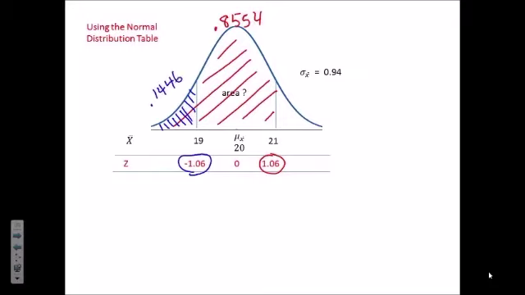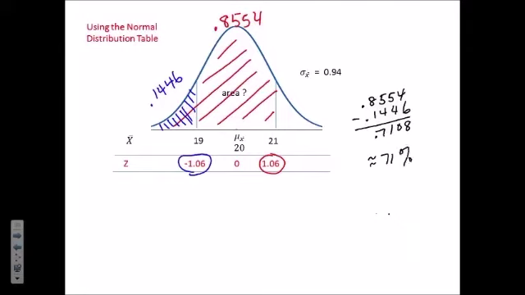Well, the red area is too much. The blue tail has to be subtracted from the red area to get our answer. So it would be 0.8554 minus 0.1446. If we subtract those, we should get 0.7108, which is again about 71%.